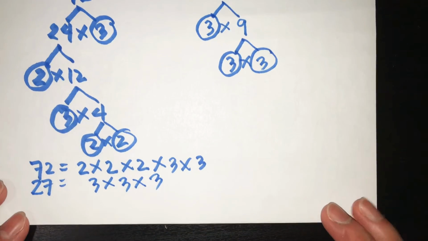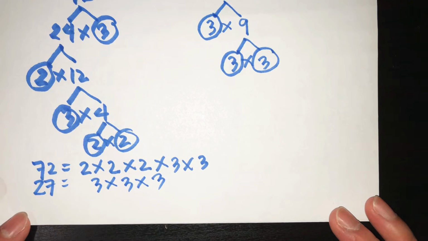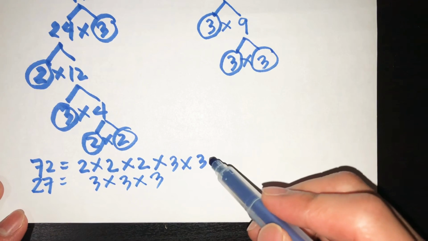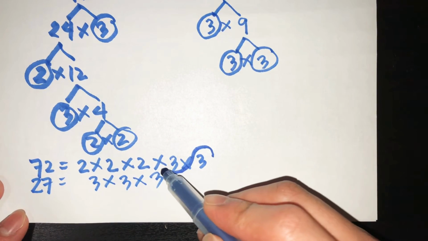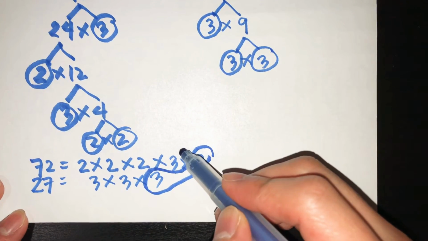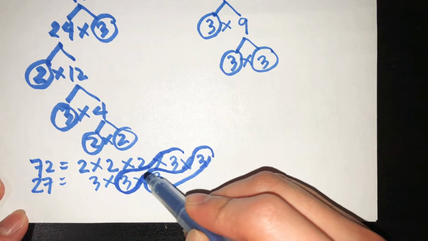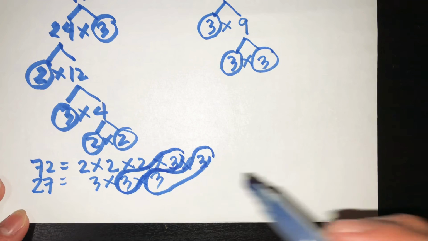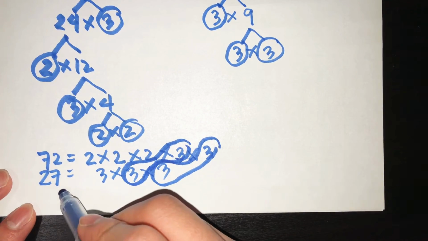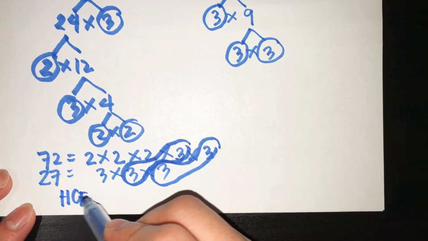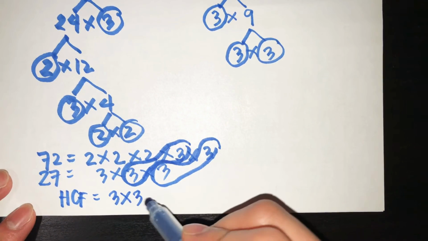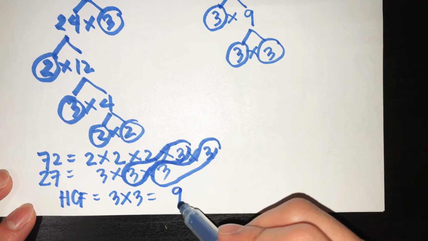Now after that, we will get a pair or the common prime factors for these two numbers. So we have this and we have this. Okay? So the HCF now is equal to 3 times 3, which is equal to 9.